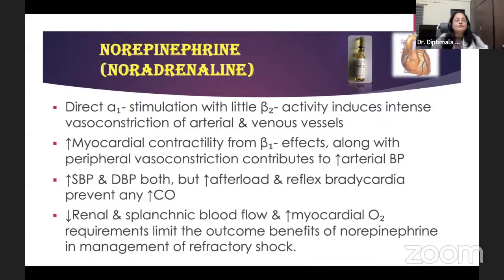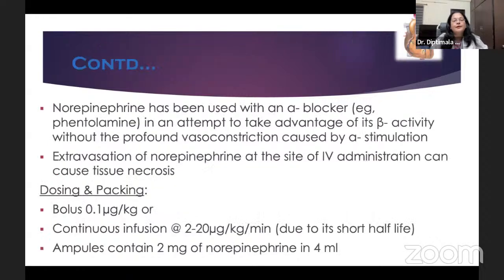So if the shock is refractory and not responding to norepinephrine alone, then it is time to add another molecule in treatment. Norepinephrine has been used with an alpha blocker, for example phentolamine, in an attempt to take advantage of its beta activity without the profound vasoconstriction caused by alpha stimulation.